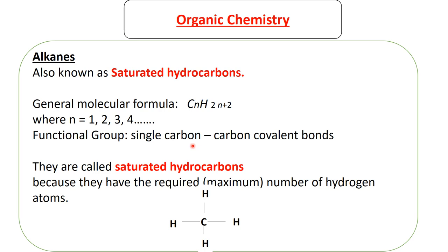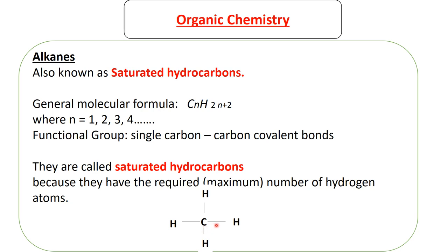Okay, so this is what it means. All the possible bonds, or the maximum bonds, have hydrogen atoms, or sometimes it can be carbon atoms. For example, we can have a carbon atom here, another carbon atom here, and they can be connected by this bond. Then the remaining 3 bonds can be occupied by hydrogen.